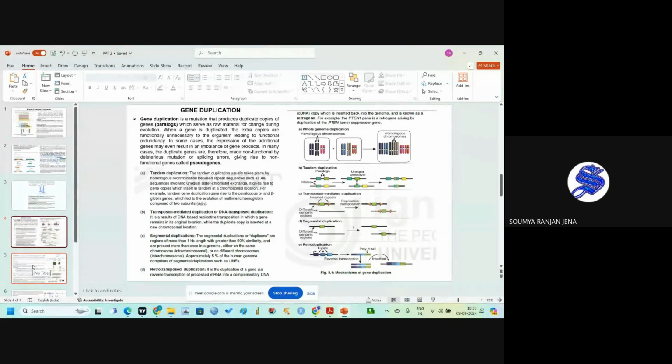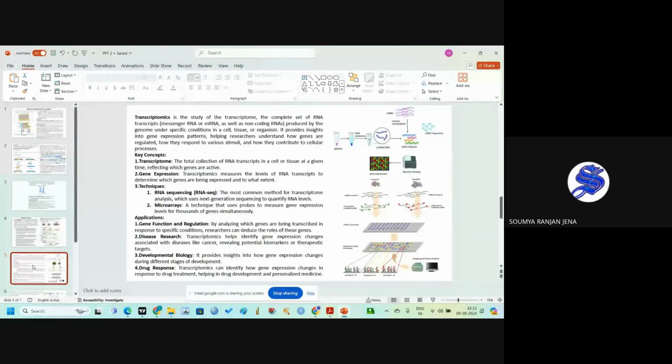Then how will we study this type of gene duplication, genome mutation, tandem duplication, segmental duplication? How will we study that part? If you go to the transcriptomics process, transcriptomics means copying from DNA to RNA. Here we study the messenger RNA or mRNA as well as different types of non-coding RNA.